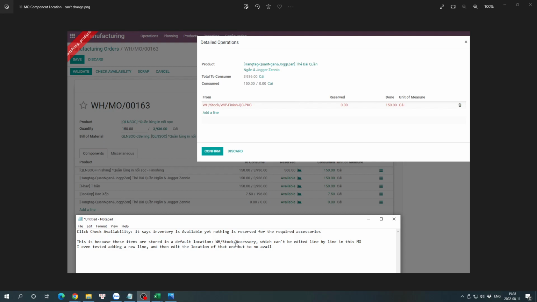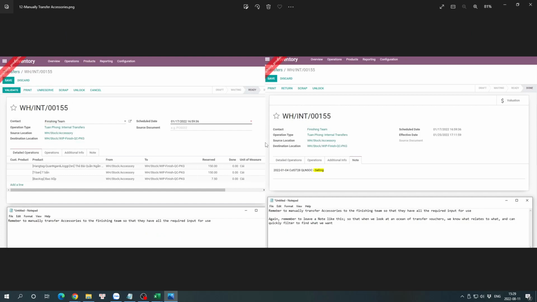And you want to consume them in this location that is not editable. Alright, so this is about data entry inconvenience of this system for now, and I just explained to you.